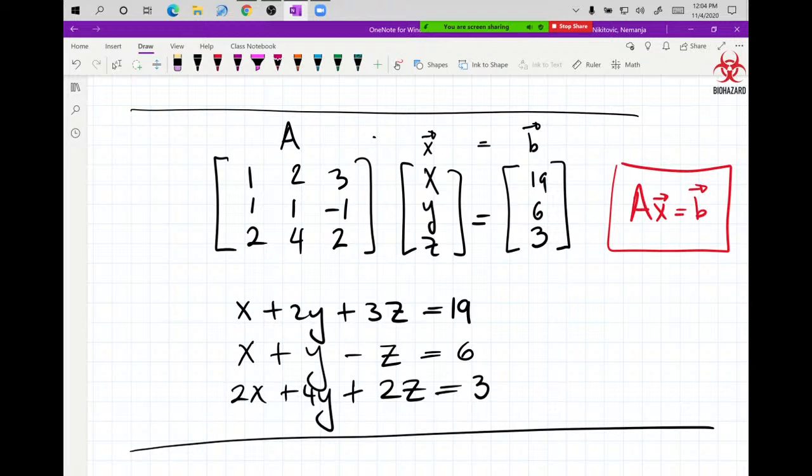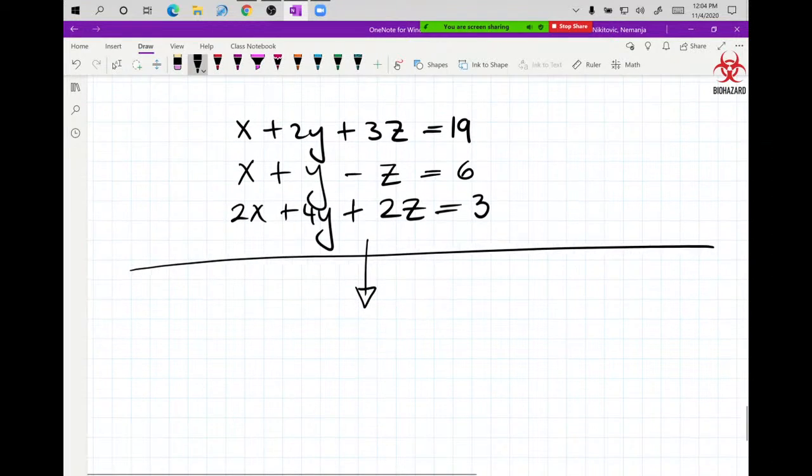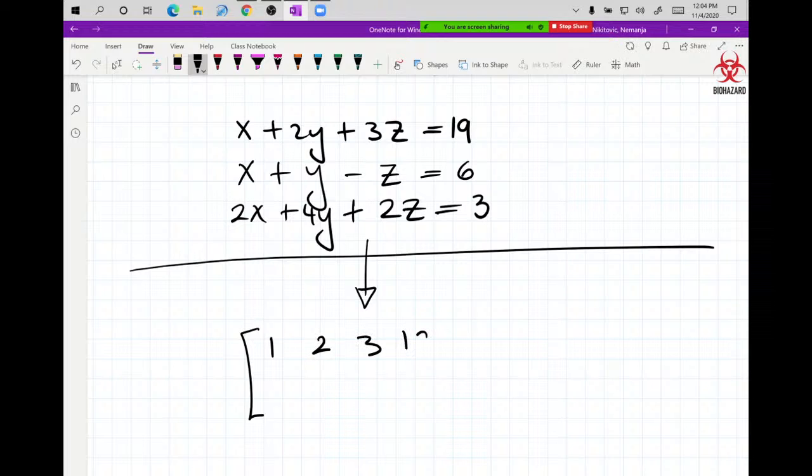You can take this system and literally just erase the x's, y's, and z's and create a matrix that would look like this: 1, 2, 3, 19; 1, 1, minus 1, 6; 2, 4, 2, 3.